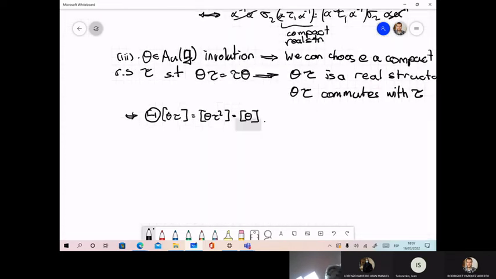And lastly, but this is probably the more difficult part, fourth, we want to see that big theta is injective.